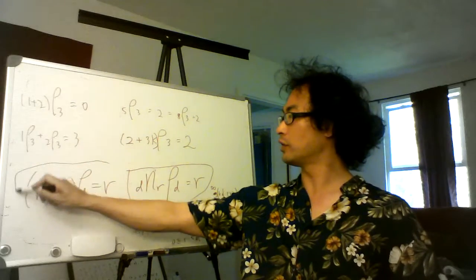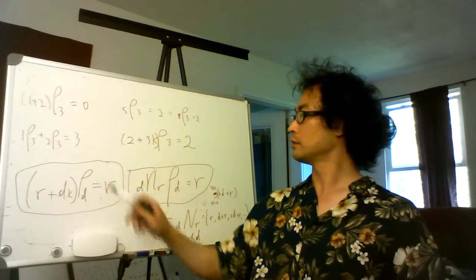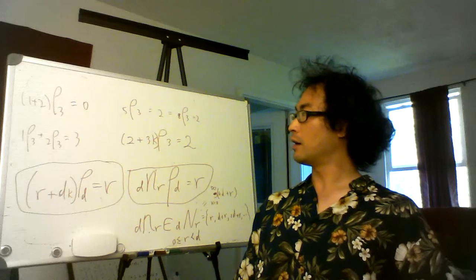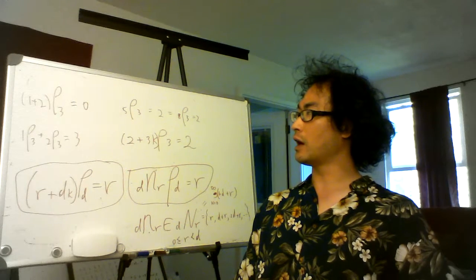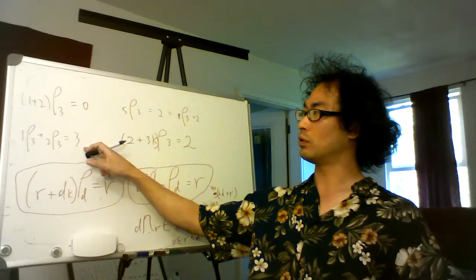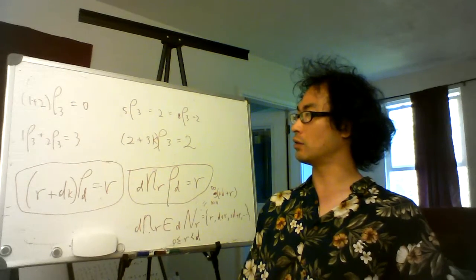But at least we got these two things right. We kind of want this to be 0. So how do we make this 0?